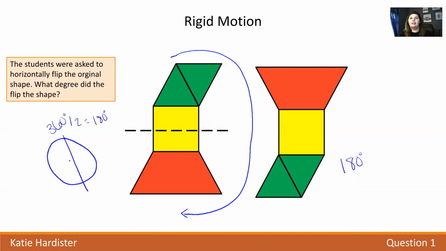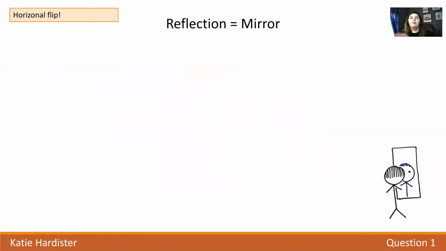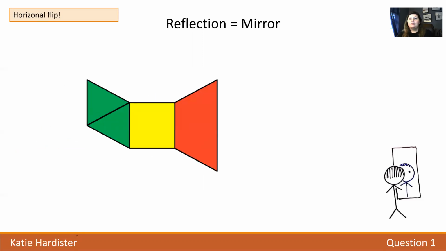But that still doesn't answer my question. If we're wanting to horizontally flip, whenever I hear the word horizontal flip, what I think of is a reflection. So let's say we're given the shape, and we can see our little guy down here in the corner. When I think reflection, I think of a mirror. So I want to take my shape and draw a dotted line, and that dotted line is going to be my mirror.